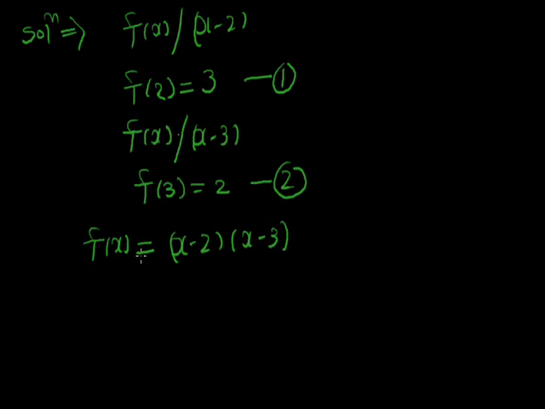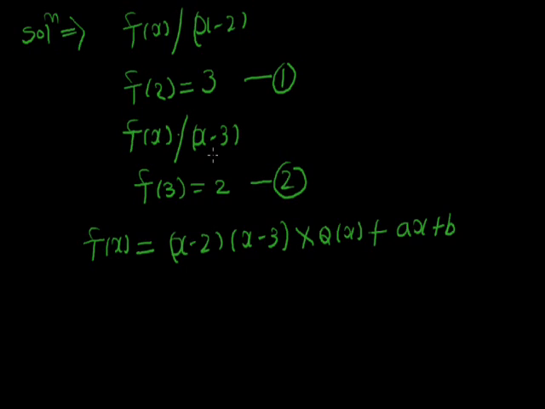We are dividing this polynomial f of x by x minus 2 into x minus 3, and suppose our quotient is q of x, plus a remainder which I assume of the form ax plus b. I don't know whether our remainder is constant or linear, so I have assumed this expression ax plus b, because we know that the degree of the remainder is always less than the degree of the divisor.